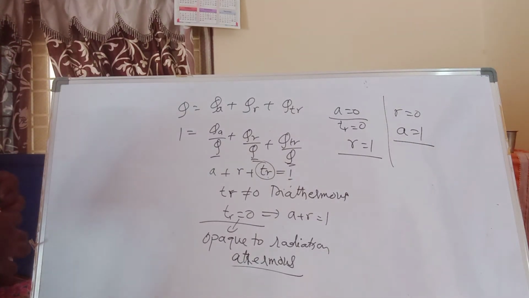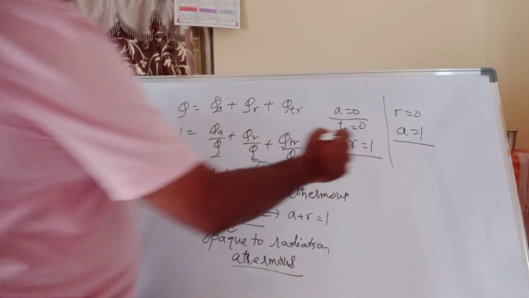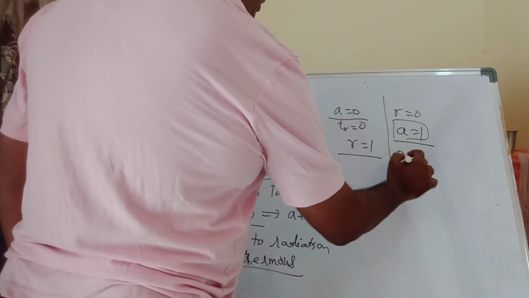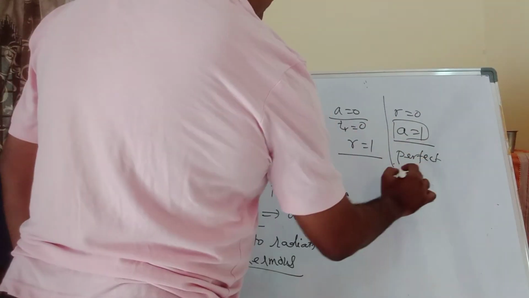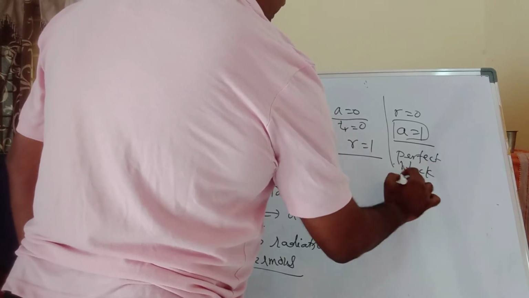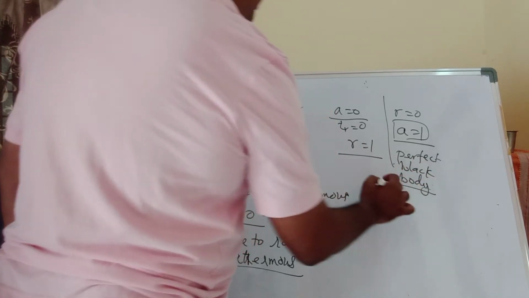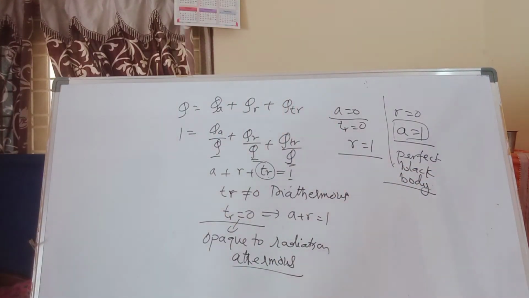Okay, actually 100% absorption, that is called perfect black body. If you find this type of material, you call it a perfect black body. That means whatever heat has been given to it is entirely absorbed by the material.